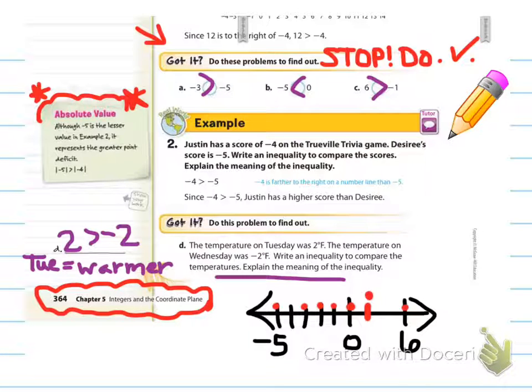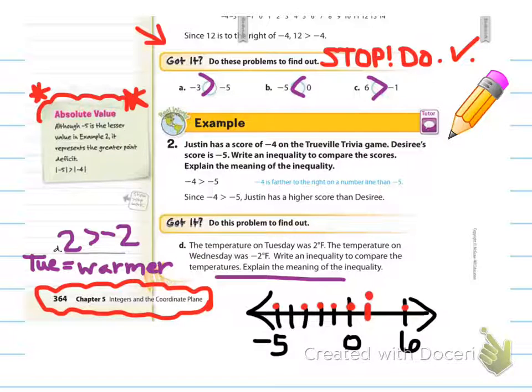Now if you look at the bottom, I drew a number line, and with red dots I placed the numbers from the above example so that you can compare. So negative 3 is closer to 0 than negative 5. Or another way that we said is negative 5 is further to the left, so it's less than.